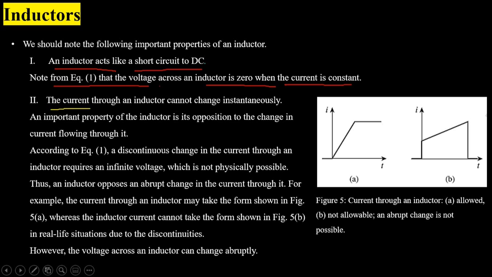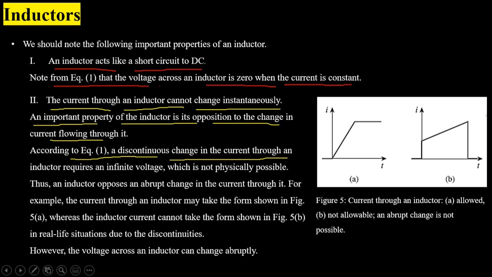The second property of an inductor is that the current flowing through an inductor cannot change instantaneously. An important property of an inductor is that it opposes the change in current flowing through it. From equation 1 we know that a discontinuous change in current passing through an inductor will require infinite voltage, which practically is not possible.